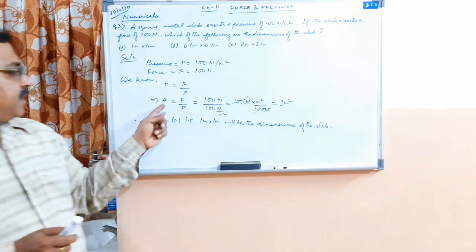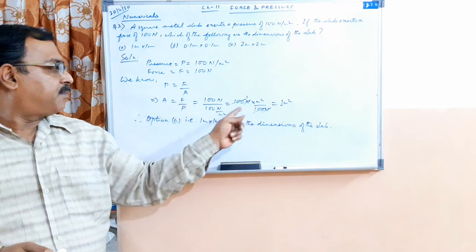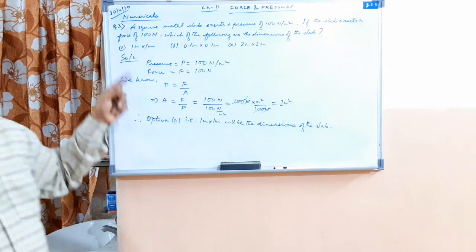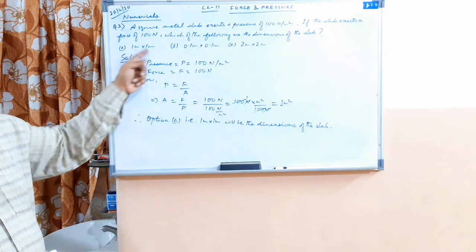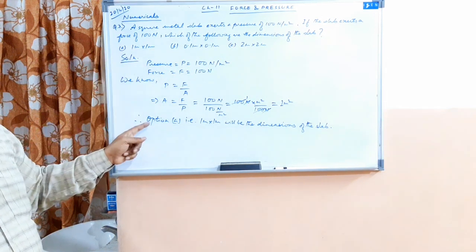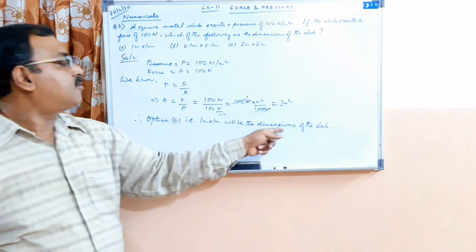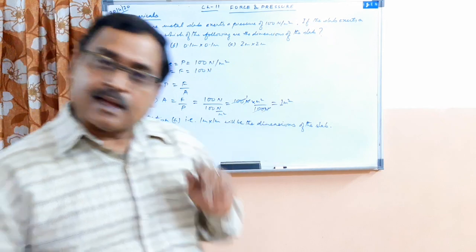So as you found that area of the slab becomes 1 meter square, and out of these three options given in the question, this is the right option. 1 meter into 1 meter equal to 1 meter square. So option A, that is 1 meter into 1 meter, will be the dimensions of the slab.